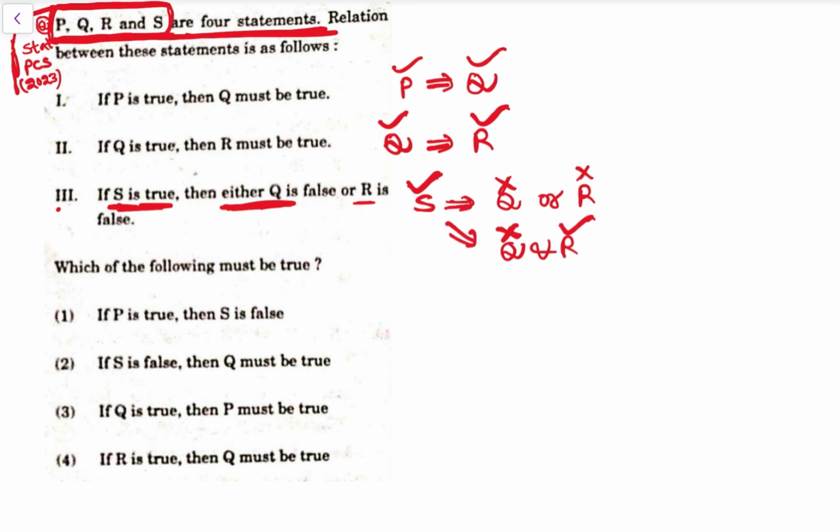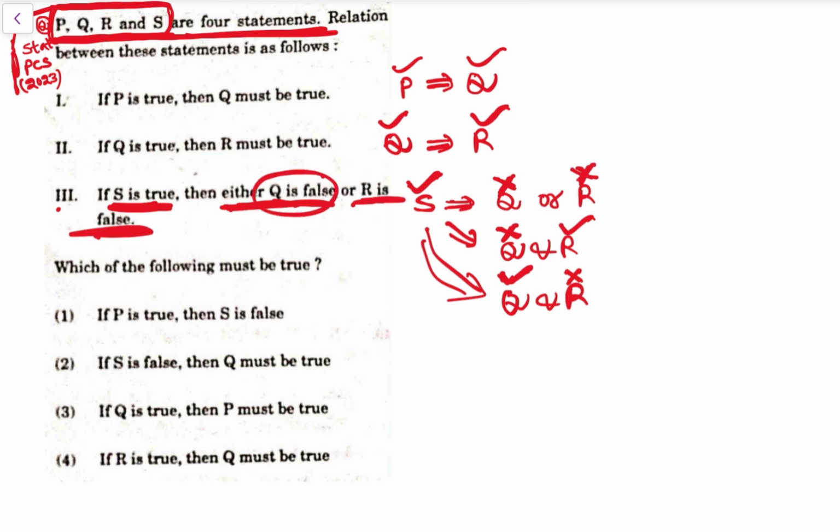This is the second case. Then ये भी तो हो सकता है, Q is true and R is false. So these are the three cases. So if S is true, then either Q is false or R is false, ठीक है. दोनों false हो सकता है या either one of them has to be false.